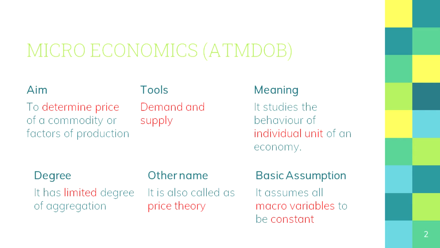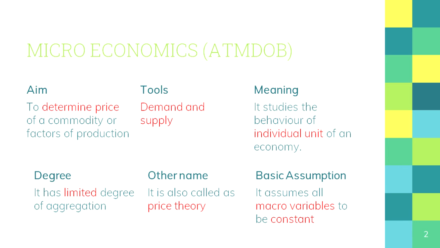So the remuneration to be paid for different factors of production is also covered under microeconomics. So the basic aim is to determine the price of a commodity, as well as the remuneration to be paid for different factors of production.